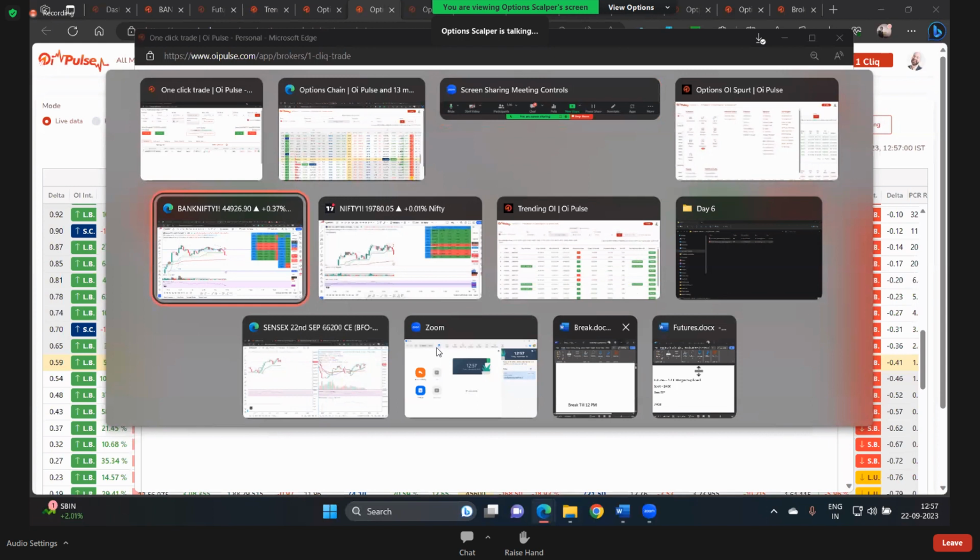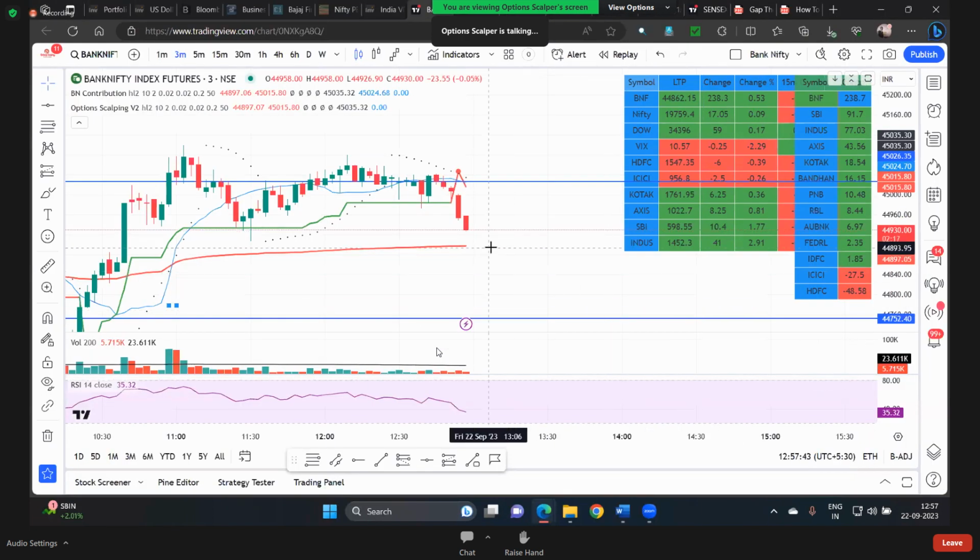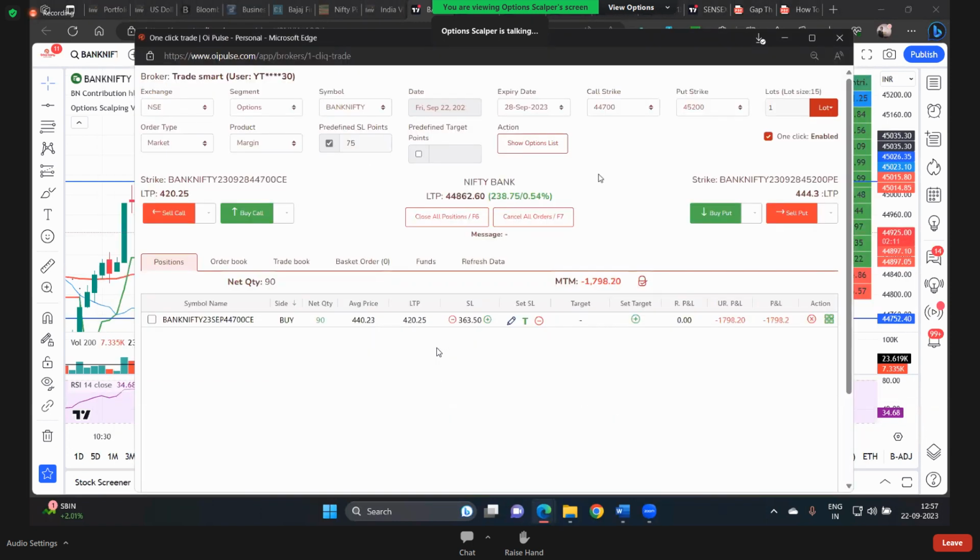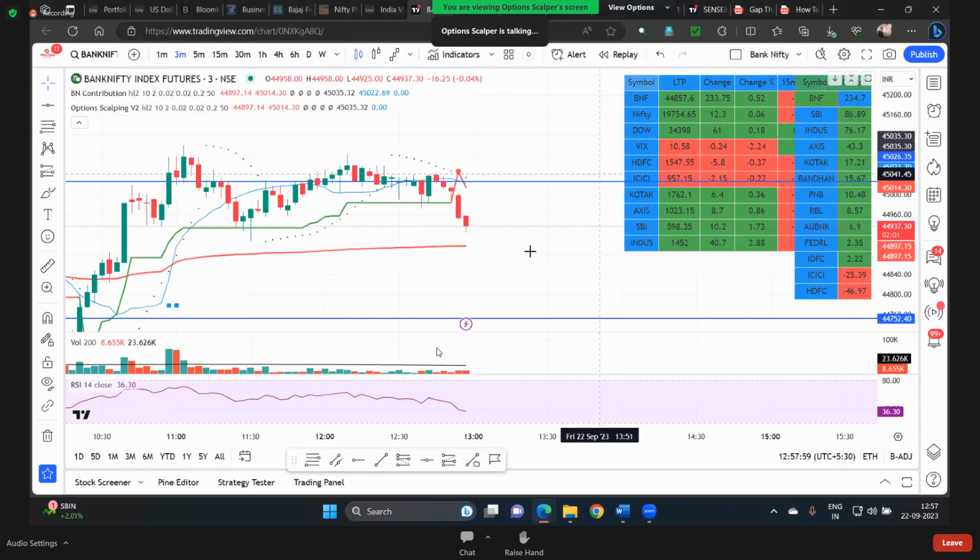Now, is it falling further? Yes, it is. Let it come near the VWAP. We will try to take one round of VWAP support. That's exactly what I'm looking for. Can they come there? Almost there. Come on, come on.